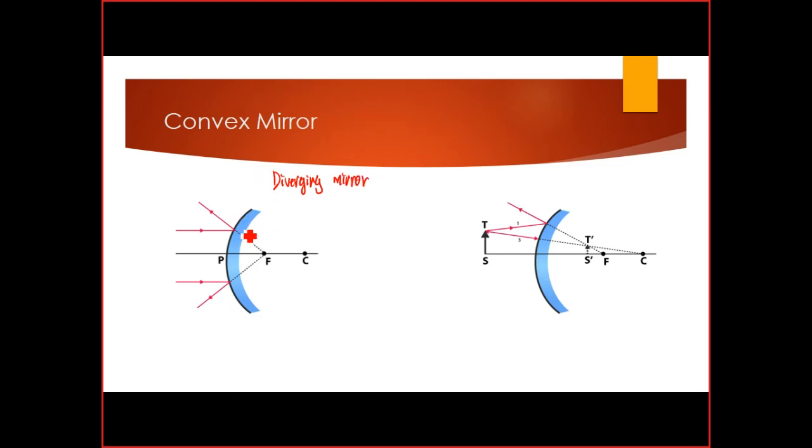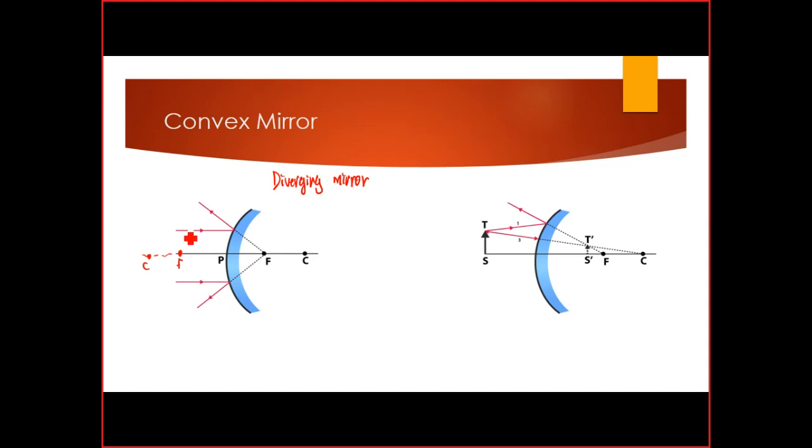So what is the purpose of this diverging mirror? The same as concave mirror, you can have the F. This is the focal point. This is the center. If we have the concave mirror, we will have the C and F at the front of the mirror. But for diverging mirror, the F and C are going to be at the back.